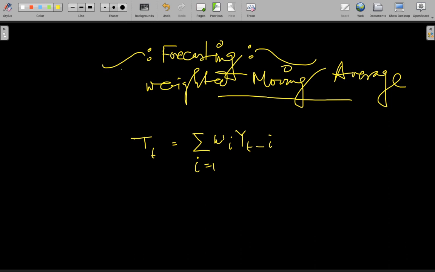So basically my window size is m here, and like in previous cases where we explained the centered window or the trailing window, for forecasting we normally use a trailing window.